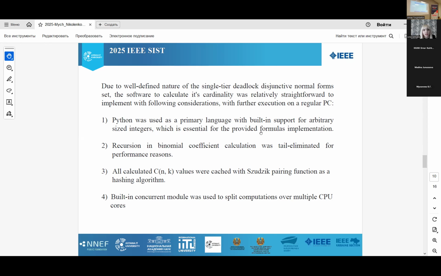Recursion in binomial coefficient calculation was limited for performance reasons. All calculated values were cached with Szudzik pairing functions as a hashing algorithm. A built-in concurrent module was used to split computation over multiple CPU cores.